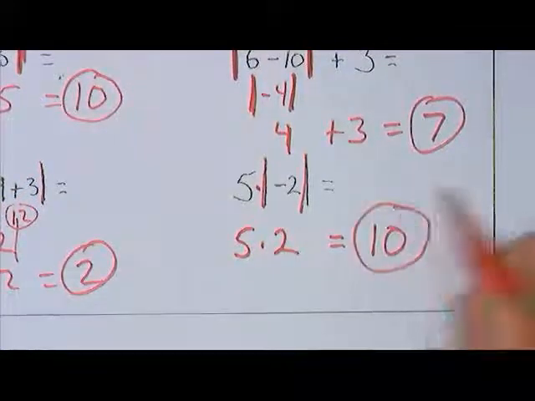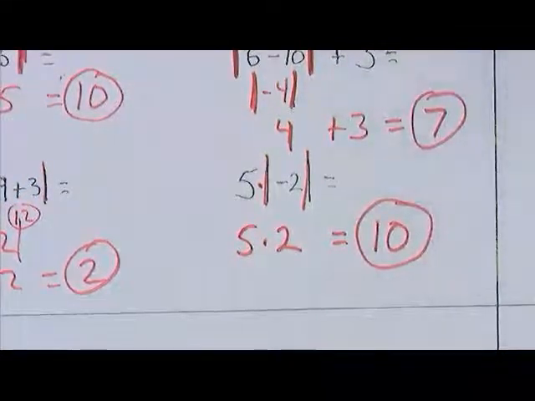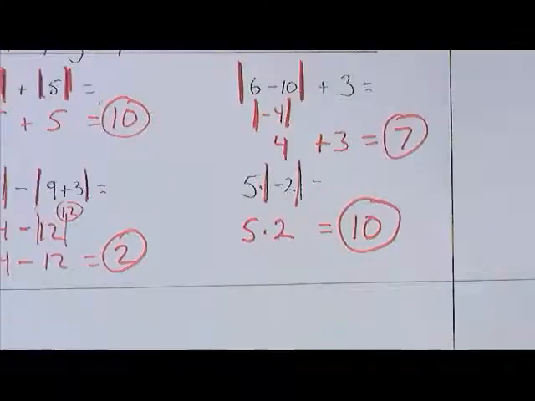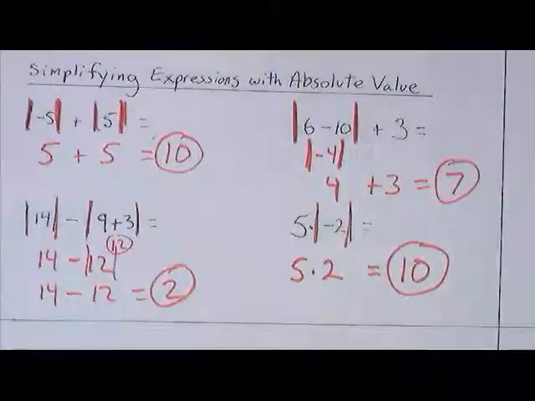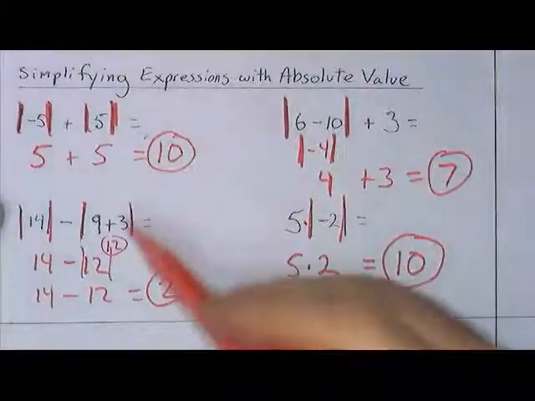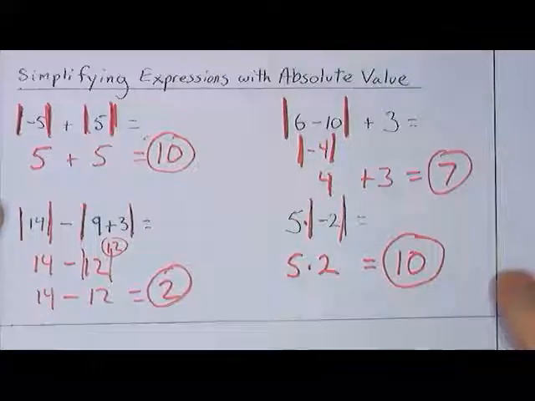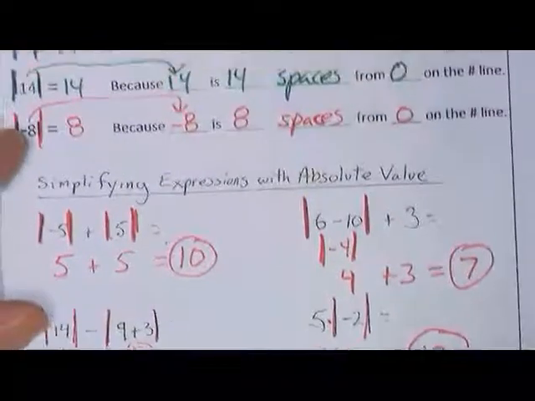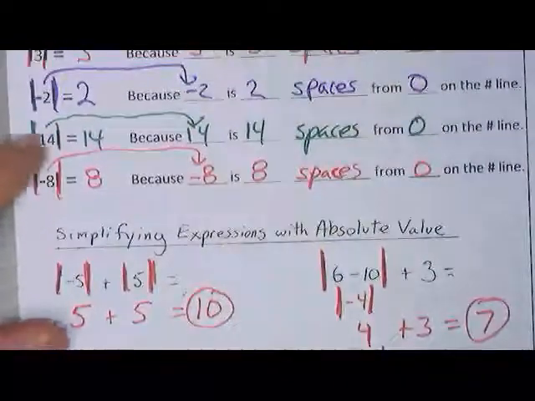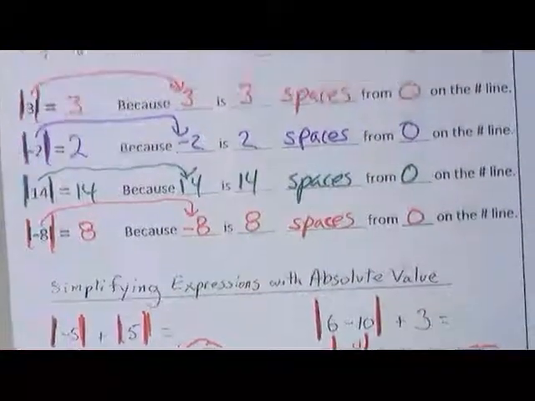That would be 10. So this is how we simplify expressions with absolute value. And it's always how far it is away from 0. Absolute value means how far away is from 0.